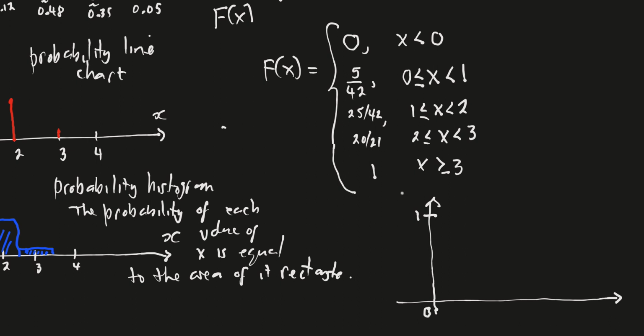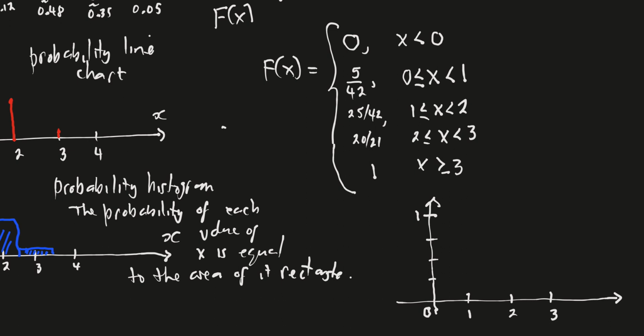And then it's just a matter, based on these probabilities, it may be something like, let's see, if we do it in terms of 42s, so like 10 42s, 20 42s, and so forth. So let's do something like this and show you what this graph looks like. And let me put our x values there.